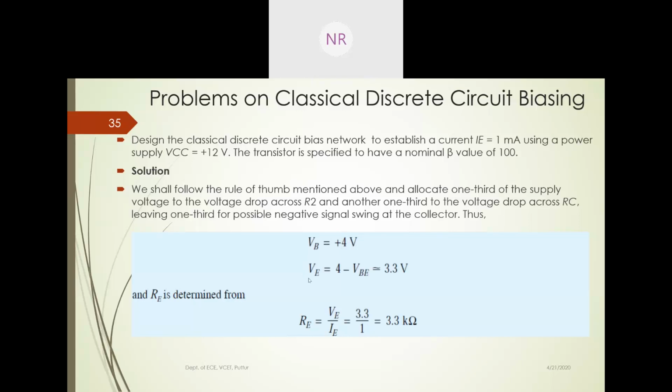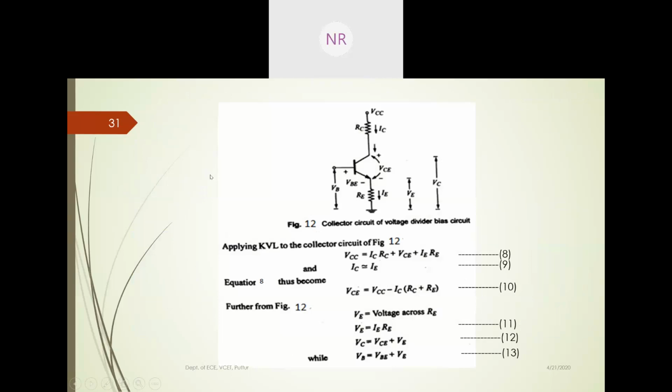So what is VE? VE is nothing but VC minus VCE, or else it is VB minus VBE.